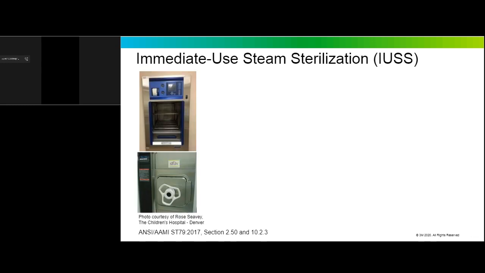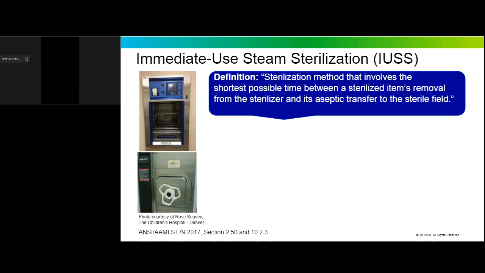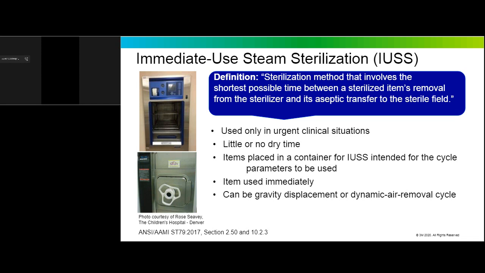Okay, staying with terminology, let's talk about immediate use steam sterilization, or IUSS. As the name implies, immediate use steam sterilization is a process designed for steam sterilization of patient care items for immediate use. So they're going straight from the sterilizer, aseptically transferred to the sterile field. In the past, this was largely used to quickly reprocess an instrument, say, that was dropped mid-procedure.